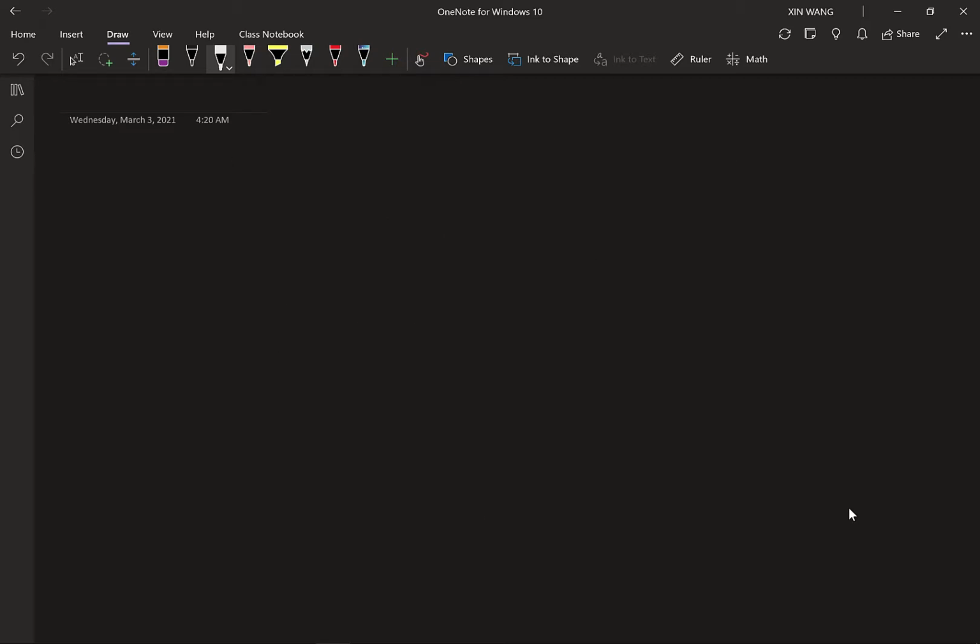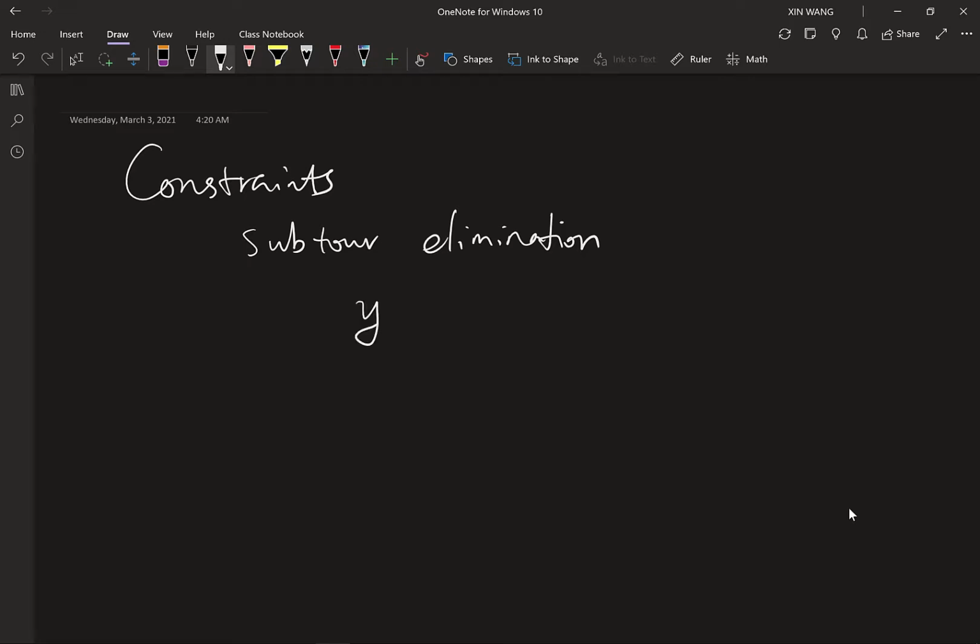The next constraint is called the subtour elimination constraint. For subtour elimination, we guarantee that the cities you visit are in a certain order, which we denote by y. For example, without loss of generality, we assume the tour starts at city 1, because y is our sequence in the tour. y_1 equals 1 indicates our first step in the tour is city 1.